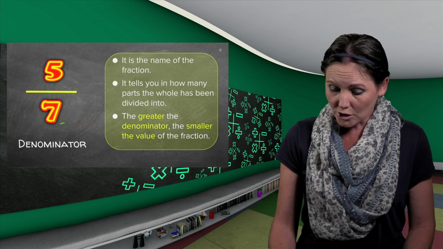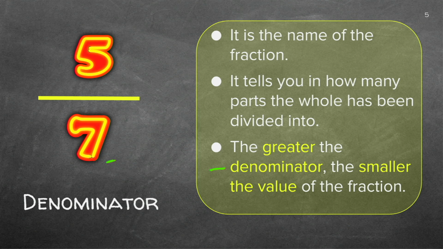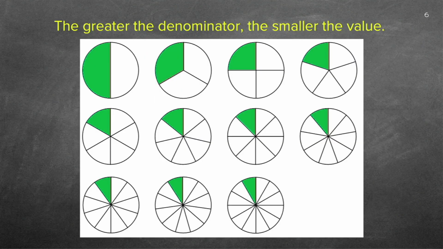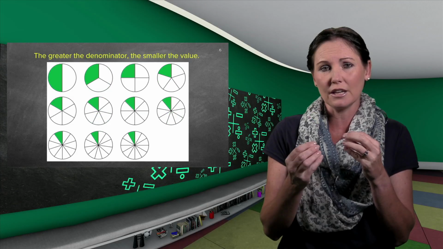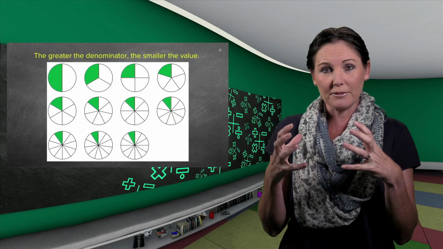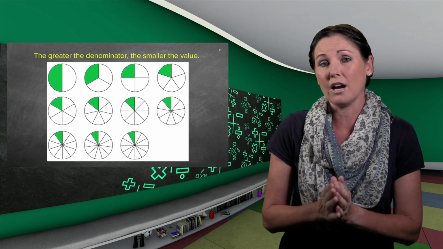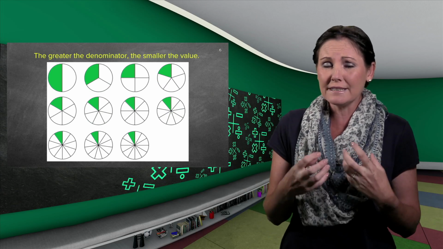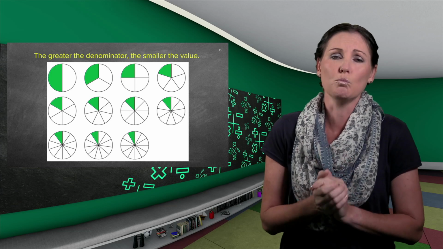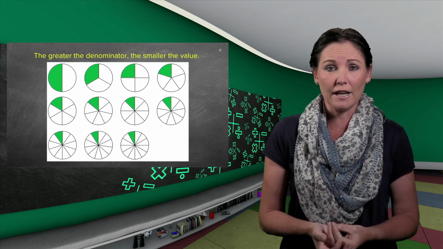The greater the denominator, the smaller the value of the fraction. Now I'm going to show you on pictures what I mean. Because in our minds, you think the greater something, the more value it is. But when I get to fractions, the greater my denominator, the smaller my value.